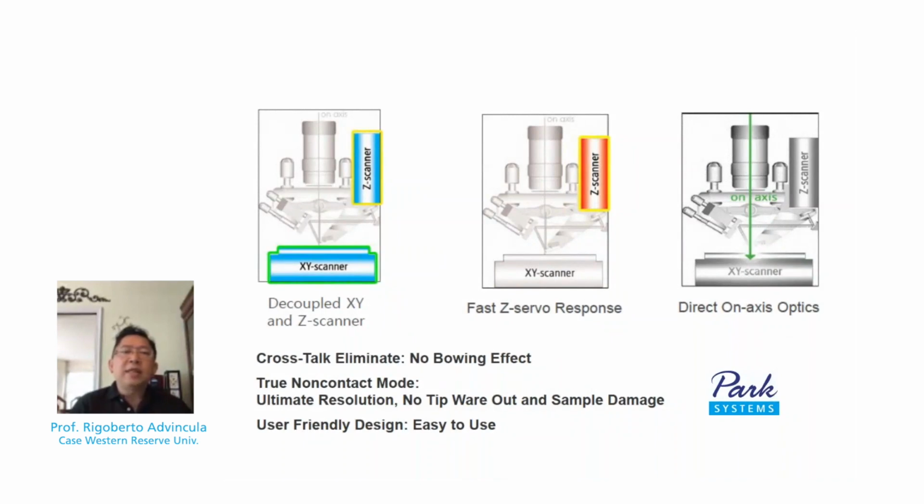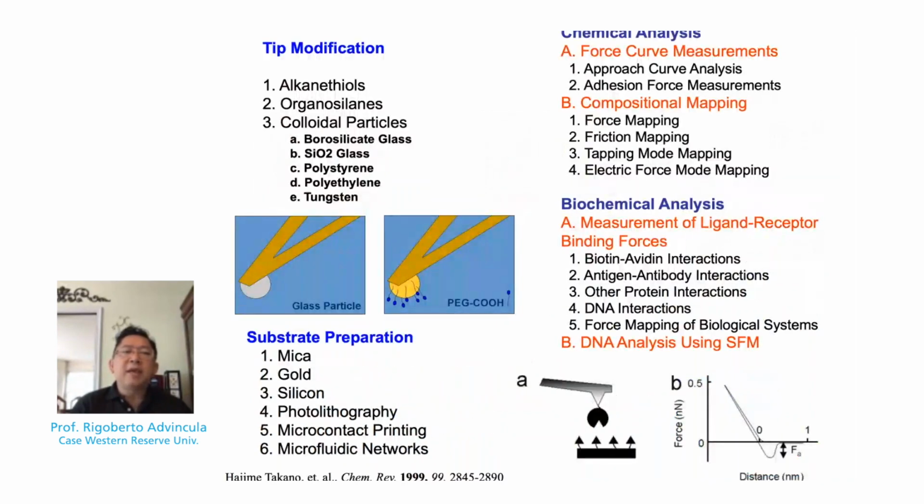So one thing that you can modify in an experiment is that you can modify the tip itself to have sensitivity on the surface, either by modifying, let's say, a gold tip with various alkane thiols or silicon nitride tip with organosilanes or attaching colloidal particles or even nanotubes.